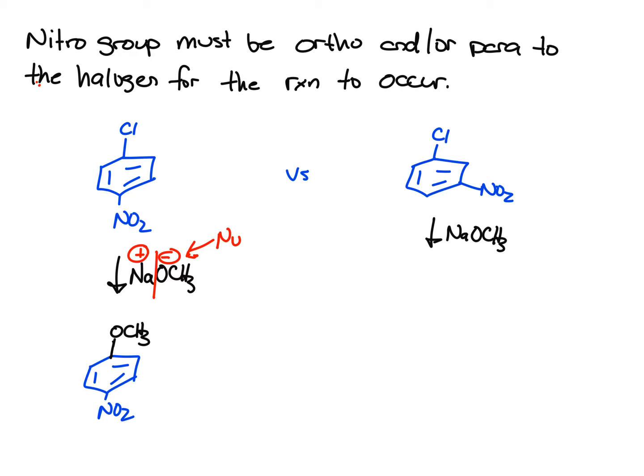In the case of the meta-nitro group, the reaction does not occur. And this has to do with stabilization of the intermediate. So the best way to look at this is by going through the mechanism, so we can see exactly what's happening.